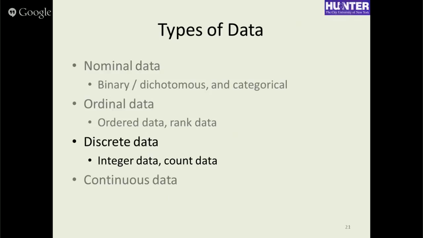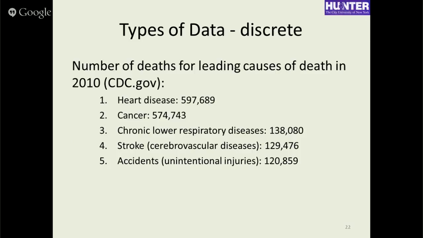Now, discrete data is the first type of actual numeric data. These really are numbers. And what distinguishes them is that they are integer data or count data. So back in this leading causes of death, the numbers here, because they're counts, are discrete data. Now, I'm not going to belabor the differences between discrete and continuous data generally, especially in a case like this where the numbers are large.